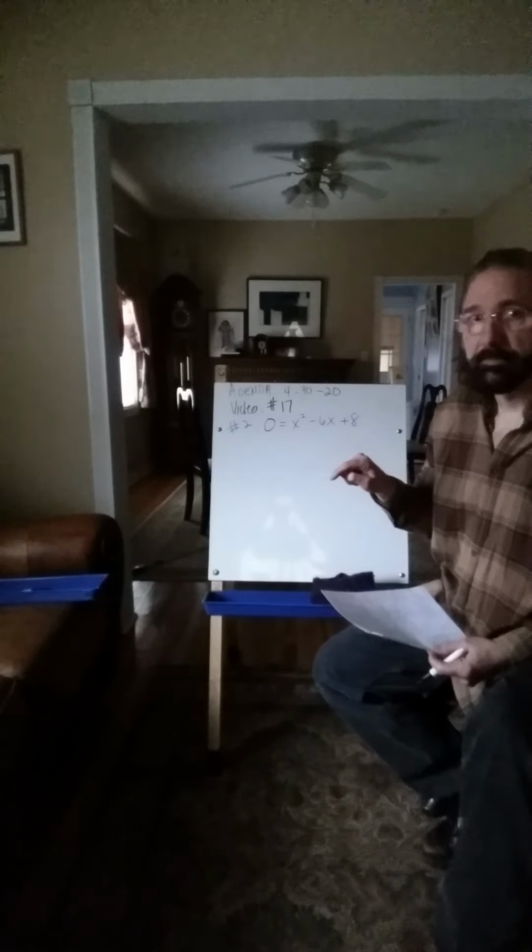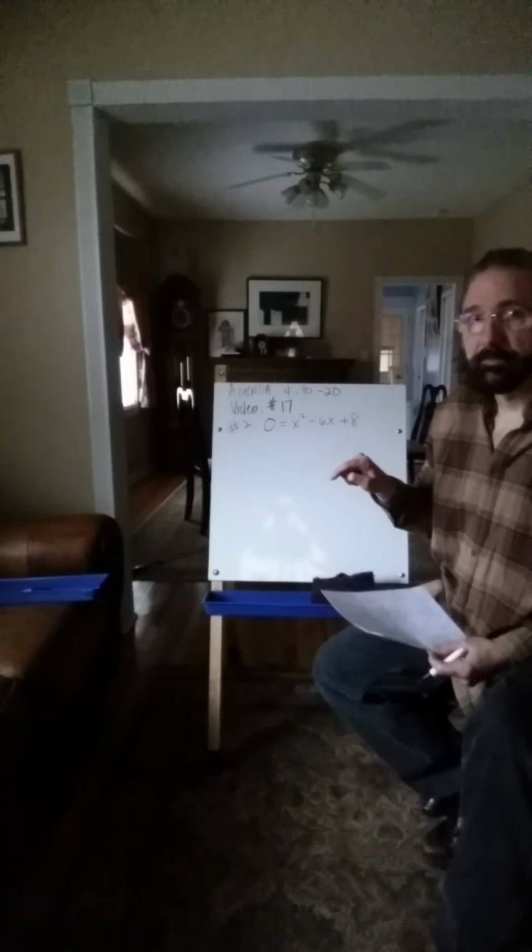The next thing I want to know is where the vertex is. If I know where that point is, I know a lot, including the line of symmetry. Where do we get that? I'm thinking of my quadratic formula: negative b plus or minus the square root of b squared minus 4ac, all over 2a.